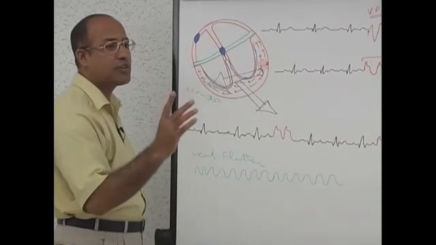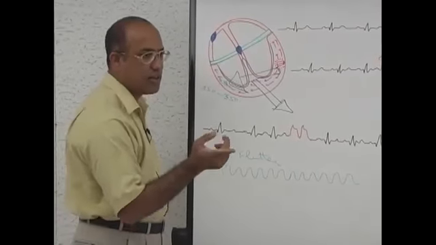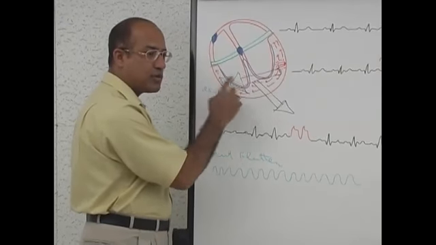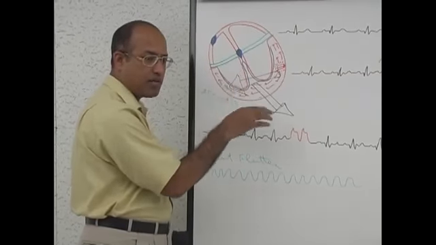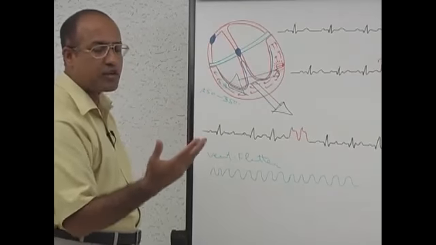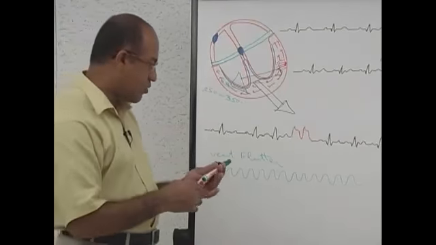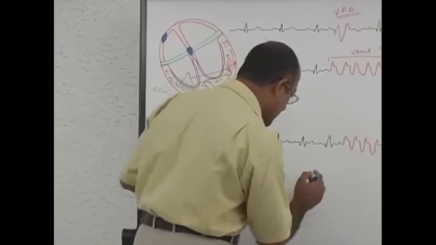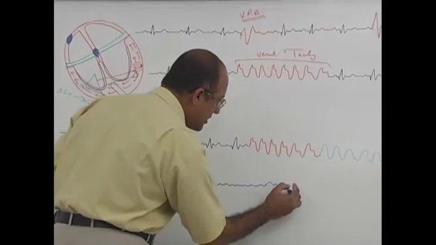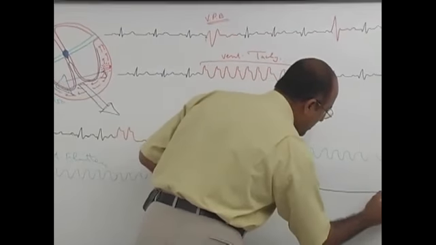Now let's see the difference between flutter and fibrillation. Usually in flutter there are 1 or 2 centers which are firing very rapidly. But in ventricular fibrillation, there are many centers, many ectopic foci which are firing very rapidly. And in case of flutter, it will become like little baseline fluctuations, and then what is it here?